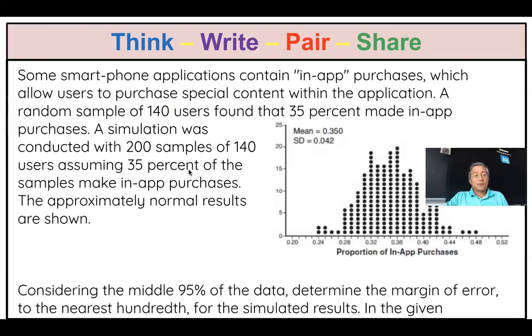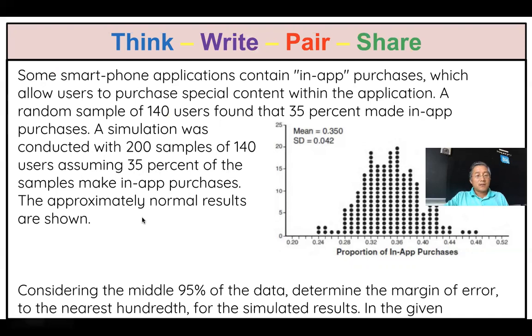One more example. Some smartphone applications contain in-app purchases, which allow users to purchase special content within the application. A random sample of 140 users found that 35% made in-app purchases. A simulation was conducted with 200 samples of 140 users, assuming 35% of the users make in-app purchases.